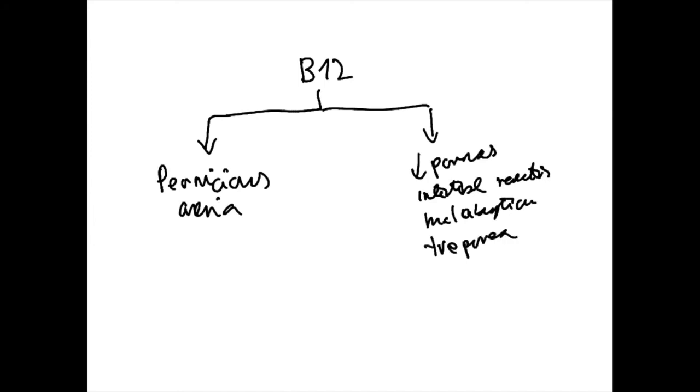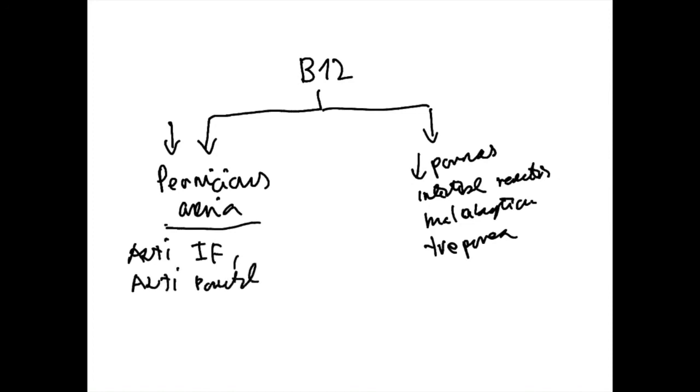But anyway, the most common cause is pernicious anemia. To test if it's pernicious anemia or not is very simple. You just check for antibodies, and if the patient has anti-intrinsic factor antibodies and anti-parietal cell antibodies, this confirms that the cause is pernicious anemia. If it's negative, you will have to look for other causes.